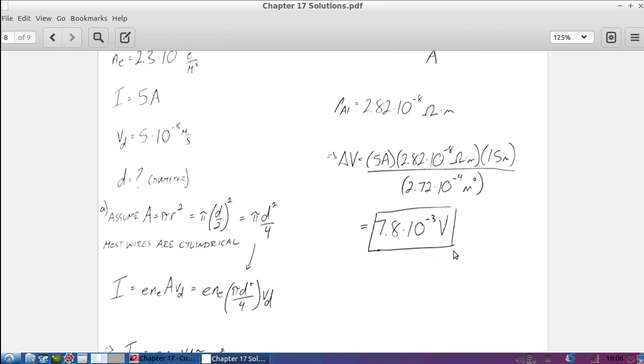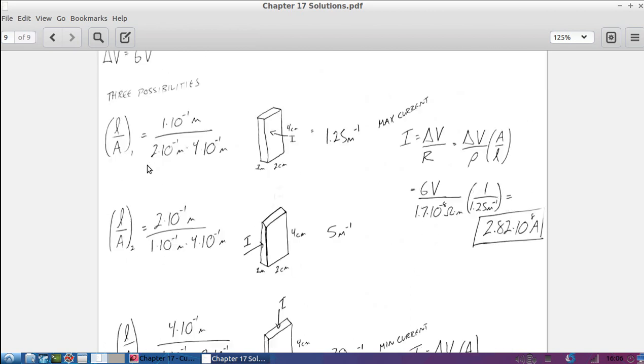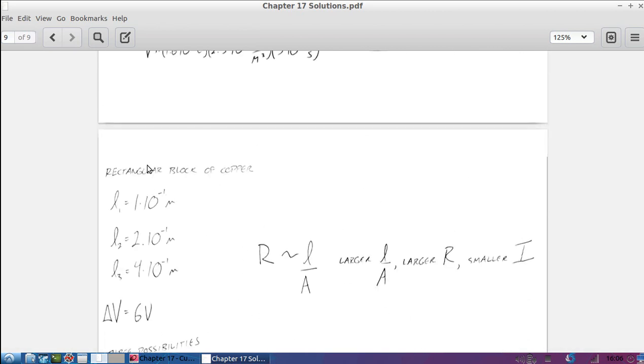Moral of the story is, with a conductor, it doesn't take a whole lot of voltage to generate a high current. We have a very small potential difference, but we're generating a fairly high current, 5 amps, for this type of wire.